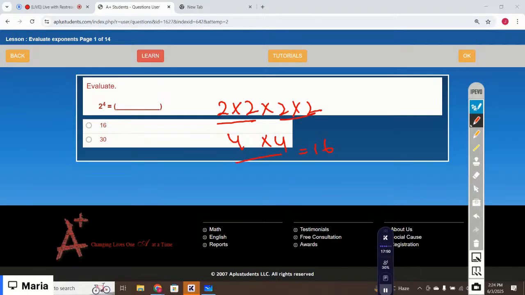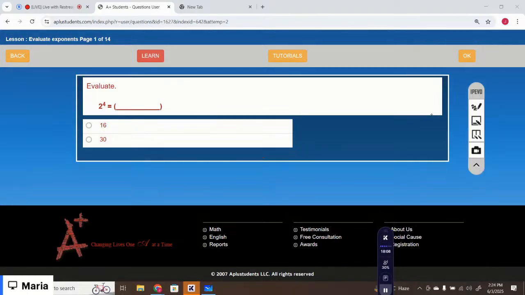So option number 1 is the correct option.